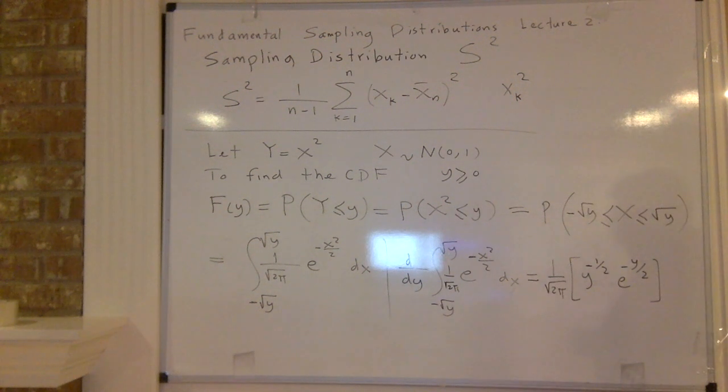Okay, so this is the end result. So the PDF of this distribution, which we call y, is this.